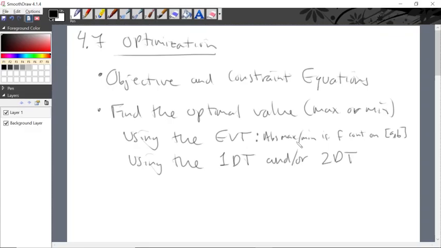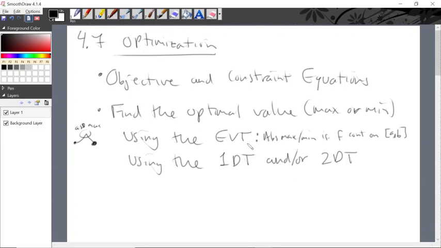That does not mean the EVT implies differentiability. It's possible that we have a function that is continuous on a closed interval but doesn't have to be differentiable everywhere. The absolute max could happen at a point that is a corner or a cusp, where it isn't differentiable.